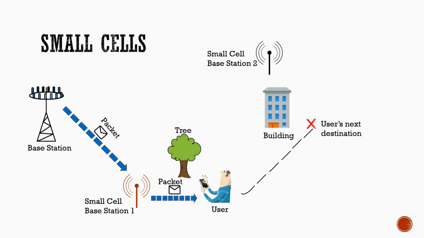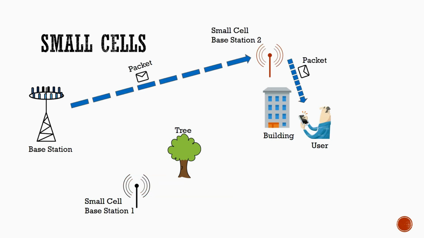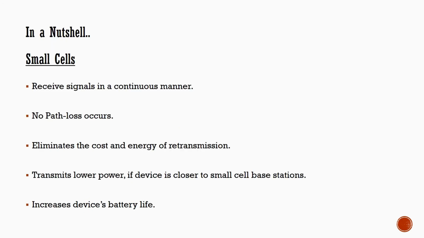For instance, if a user moved behind a tree, his smartphone would switch to a new small cell base station automatically to receive signals. And if the user passed through a tall building again, his device would switch again to another new small cell base station automatically in a better range of his device. This can allow the user to receive signals in a continuous manner without having path loss occur.